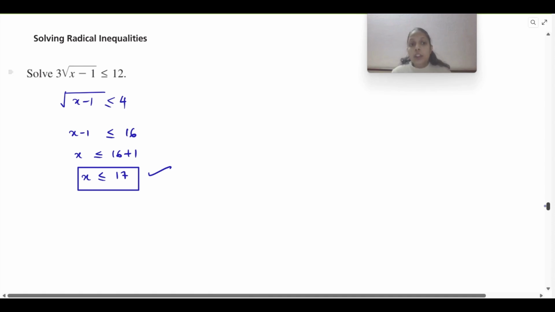This term will not exist if you substitute a number less than 1. So the domain is x greater than or equal to 1, and you get the upper bound. The highest value is 17. So what's the answer? Your answer lies between 1 and 17. Done.